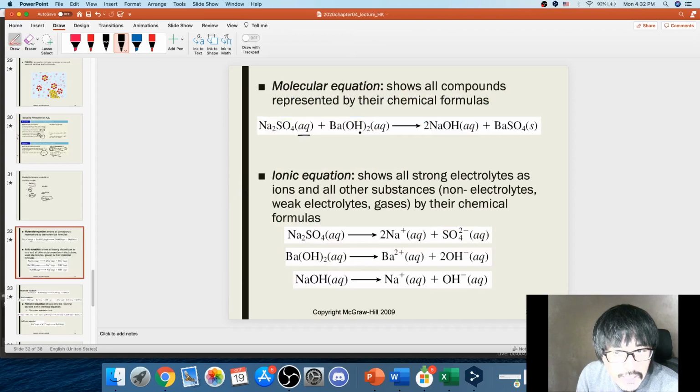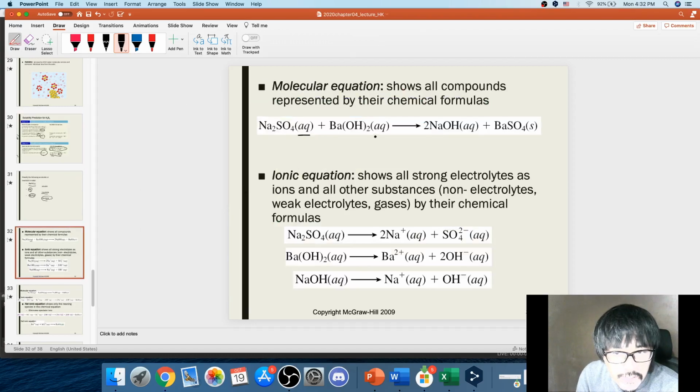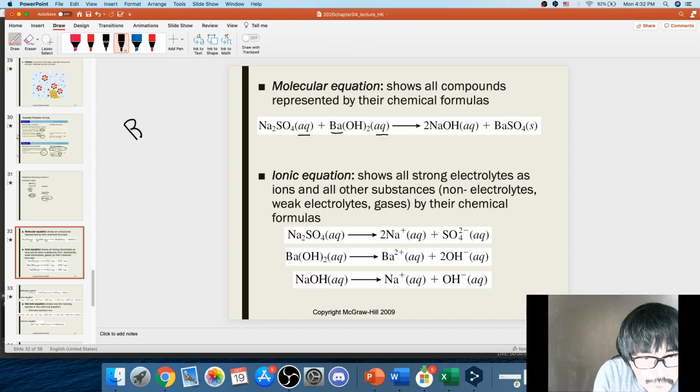And then BaOH2 is also water soluble, so that's AQ. Now Ba has a form of 2 plus, and then OH minus times 2, so these are balanced.